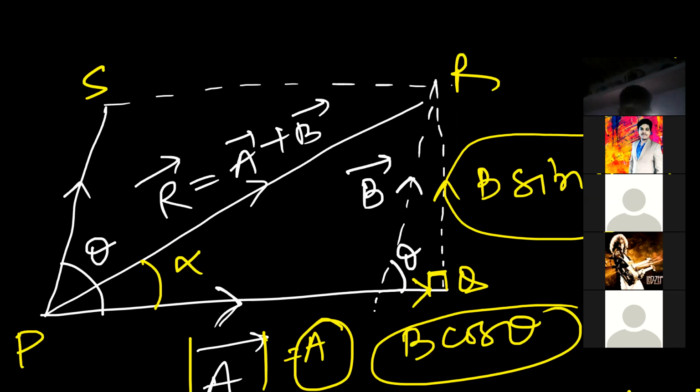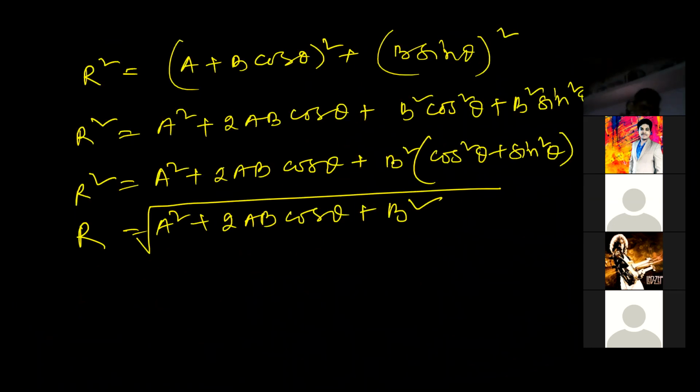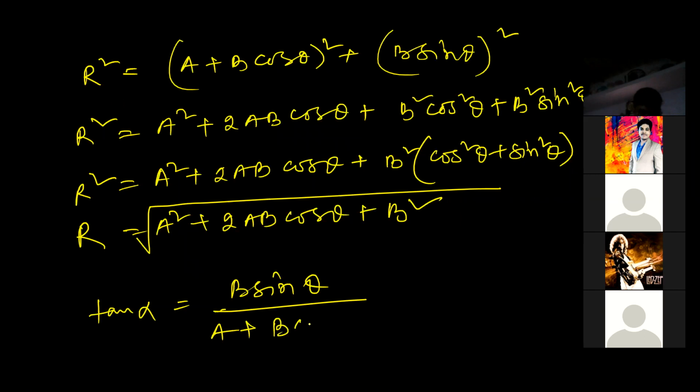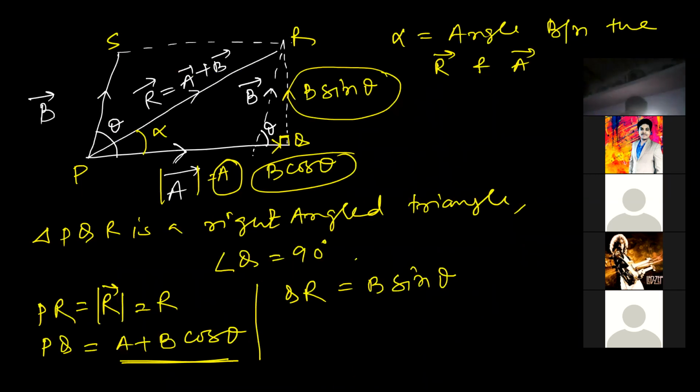So tan alpha will have the value B sin theta divided by A plus B cos theta, right? Tan alpha is equal to perpendicular by base, that means B sin theta divided by A plus B cos theta.